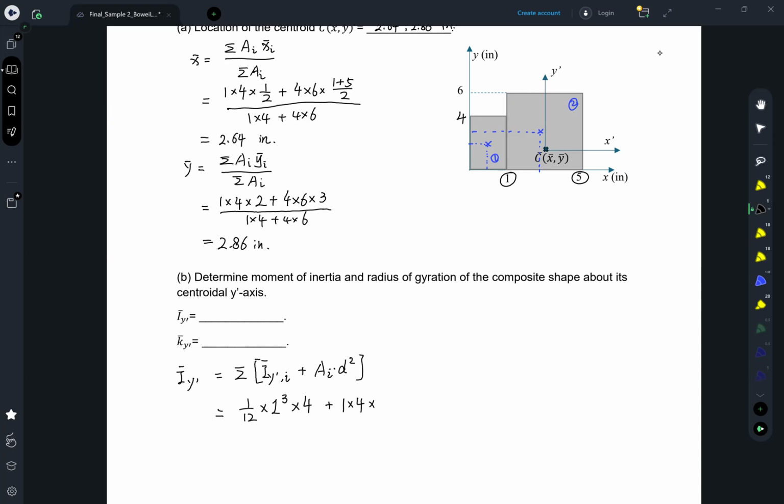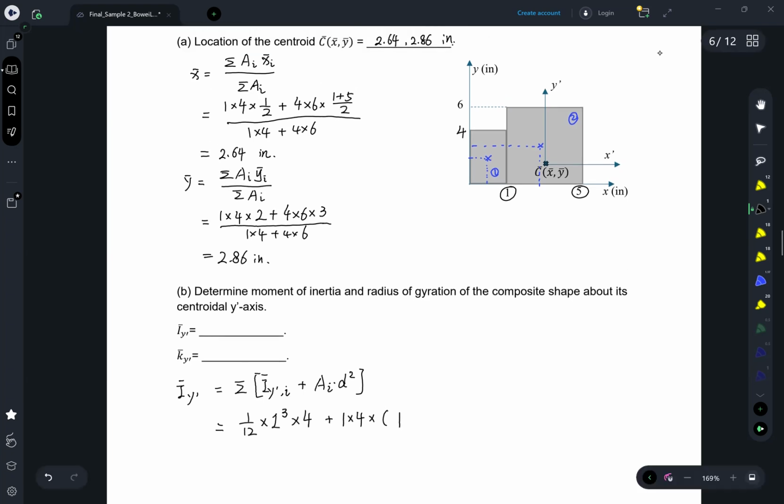Then area 1 times 4. The distance between the centroid and the y-axis is the difference of the coordinate of area 1, which is 1 over 2, minus the location of my y-axis, so it is the x bar here.